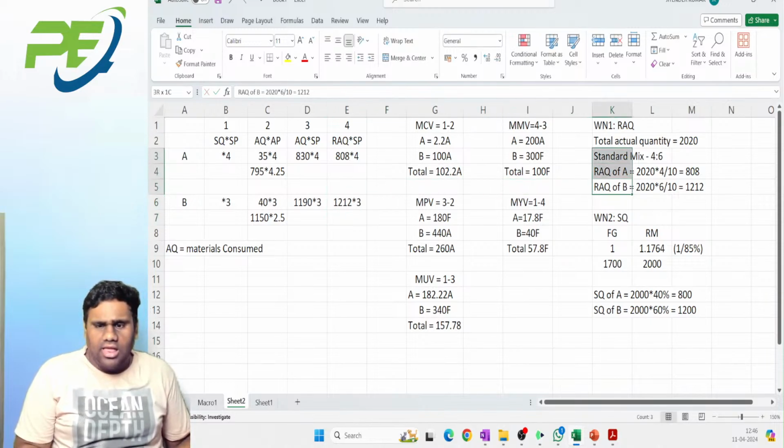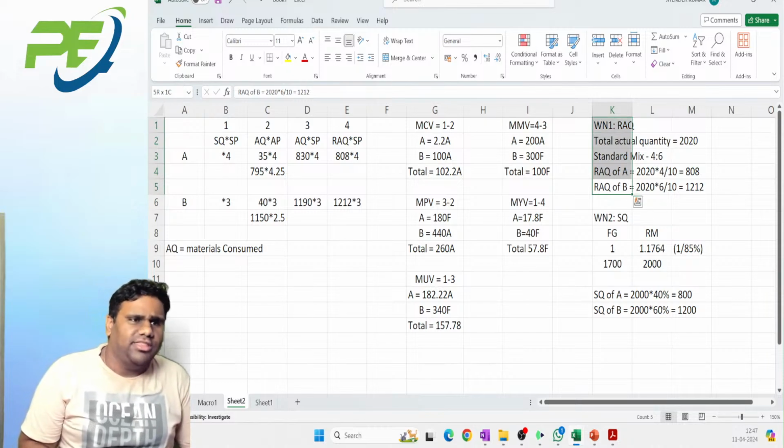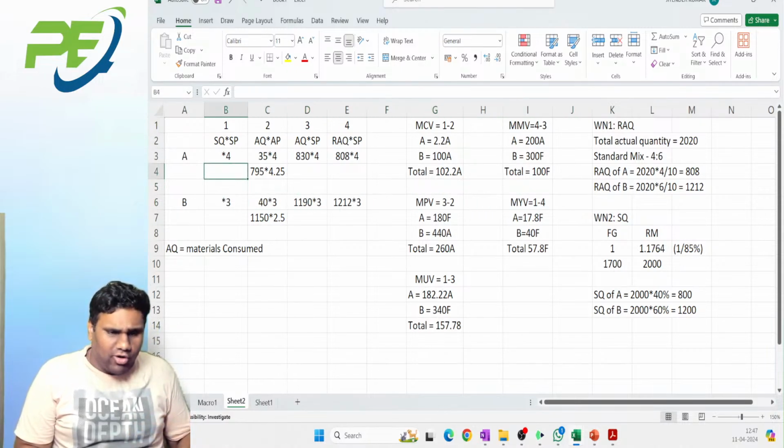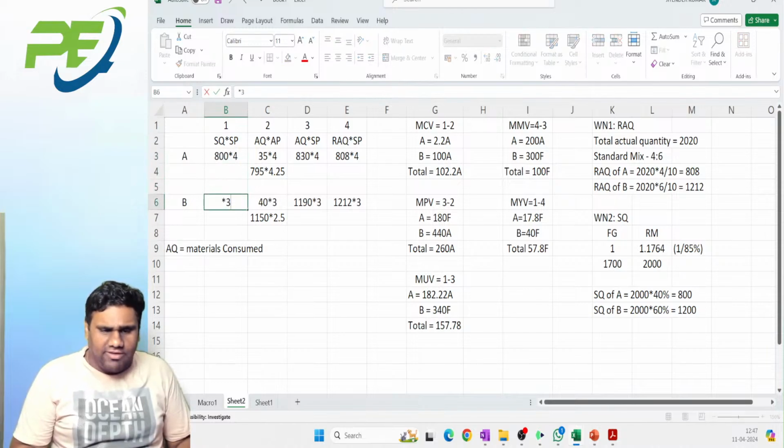Here 830 plus 1190. Then standard quantity we have already got. When we were reading the question, at that time itself we calculated 800 and 1200.